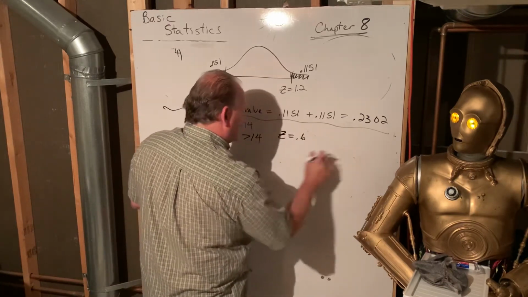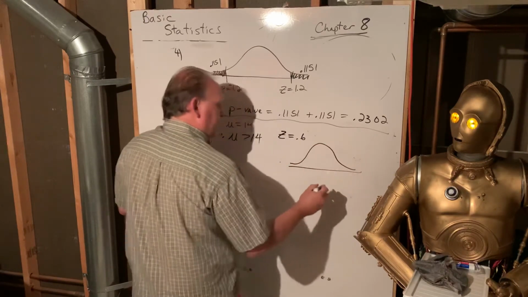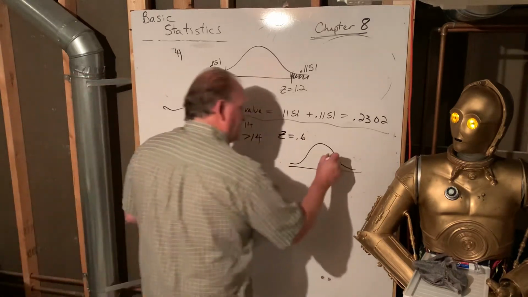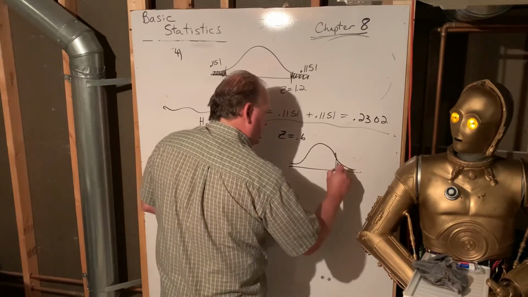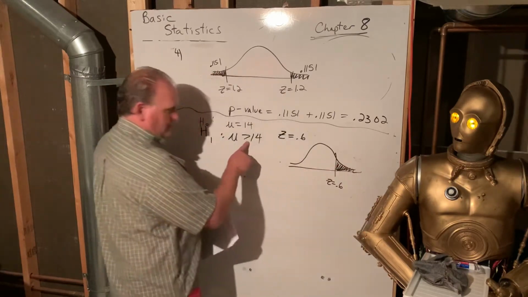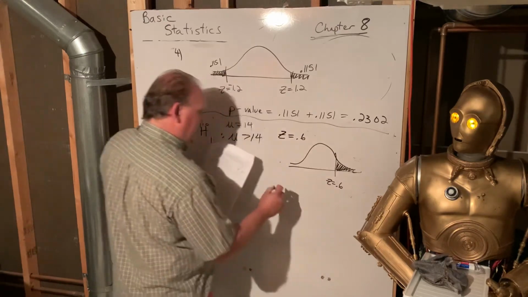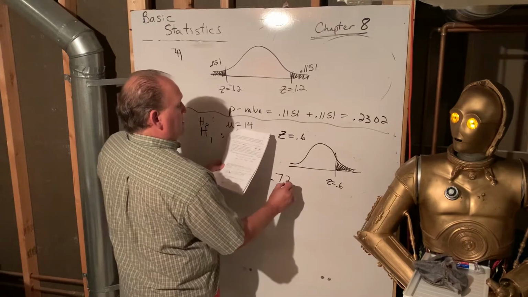So again, we just are going to look that up. We've got 0.6, and we want above that. So that's a one-tailed test on the right side, right? And so when we look up 0.6 on our chart, it comes up as 0.7257.